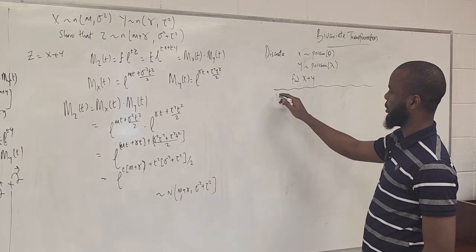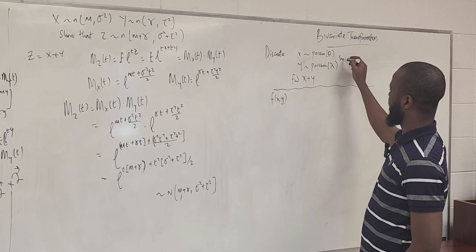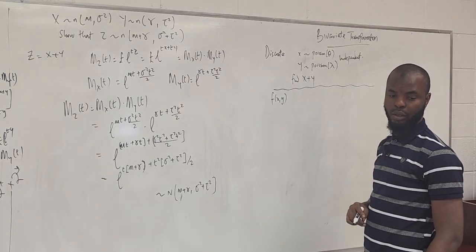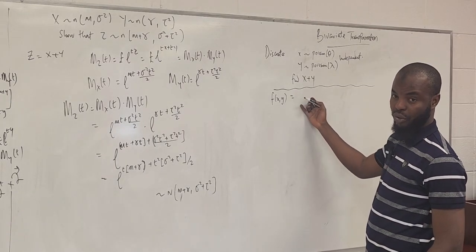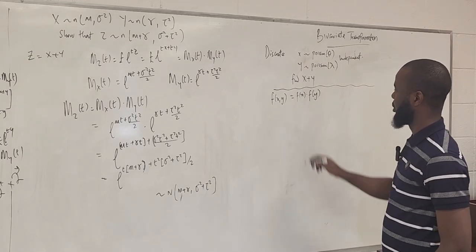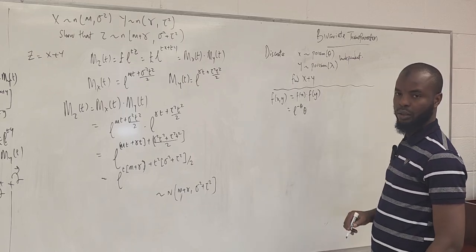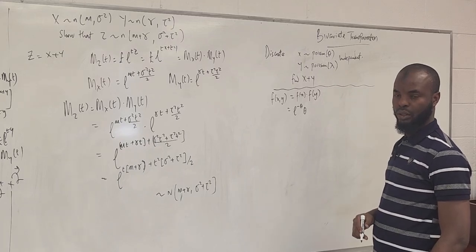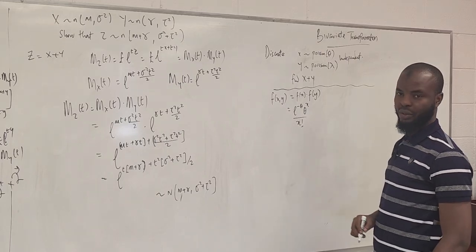Now to do this, the first thing you need to do is find the joint distribution, given that they are independent. The condition is very important. So here you have f of x and f of y. We have exponential minus theta, theta to the power of x over x factorial.